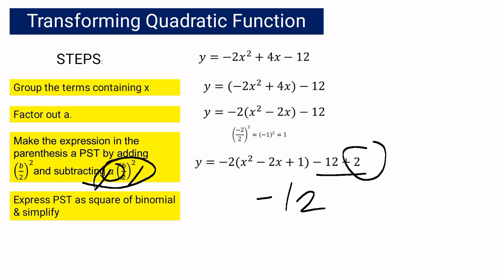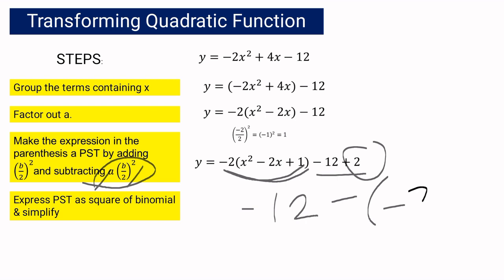And our value of a is, yes, negative 2. So we have negative 2 multiplied by the square of half of b. So if you have negative 12, you are going to subtract the value of this, and the value is, yes, negative 2. That's why we have here plus 2.